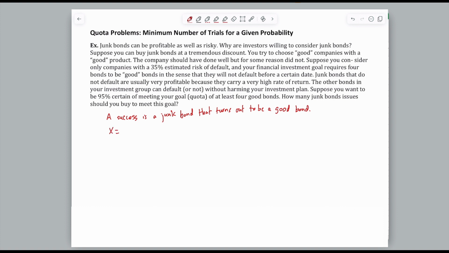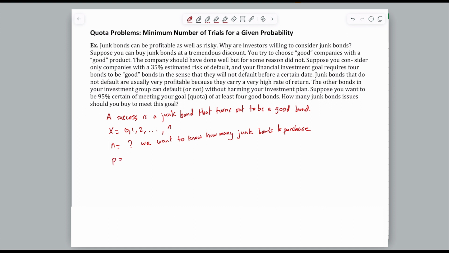All right, so X equals 0, 1, 2, all the way up to n. n is what we're looking for. We want to know how many bonds to buy. So we want to know how many junk bonds to purchase to meet our quota.